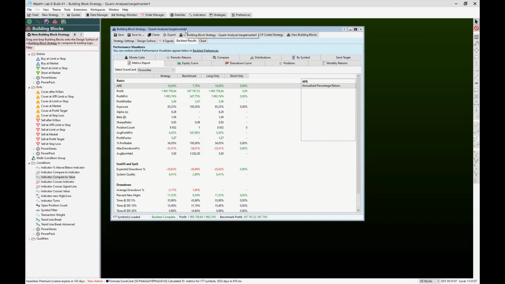I don't say that trend following or breakout strategies don't work. They will work, but it's easier to start backtesting with simple contrarian approaches.